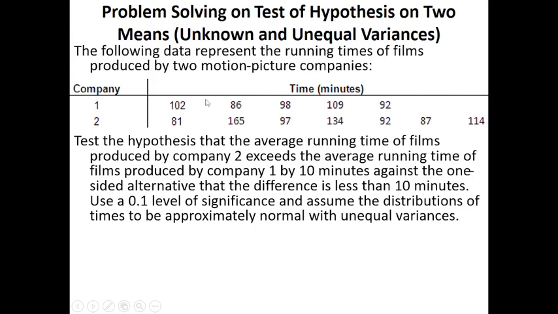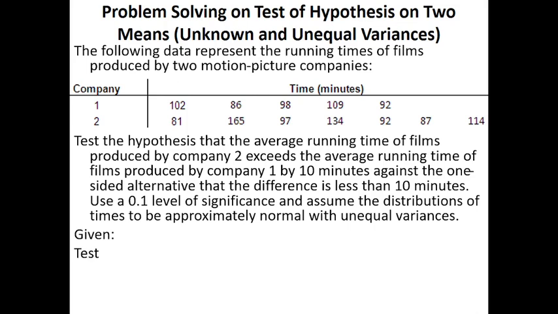Test the hypothesis that the average running time of films produced by company 2 exceeds the average running time of films produced by company 1 by 10 minutes, against the one-sided alternative that the difference is less than 10 minutes. Use a 0.1 level of significance and assume the distributions of times to be approximately normal with unequal variances. Let's analyze the problem.